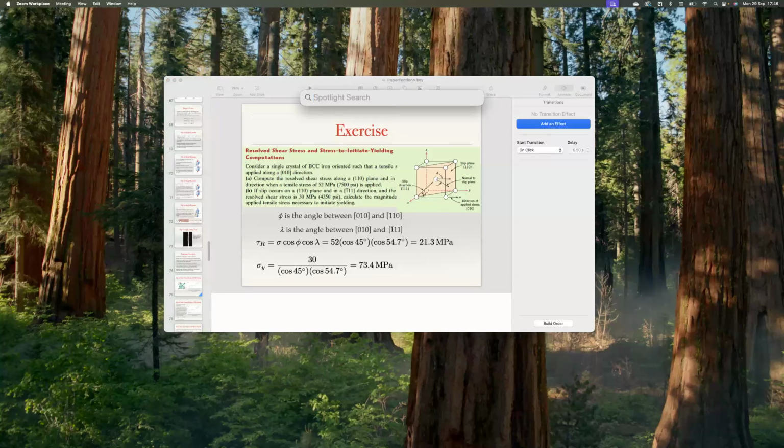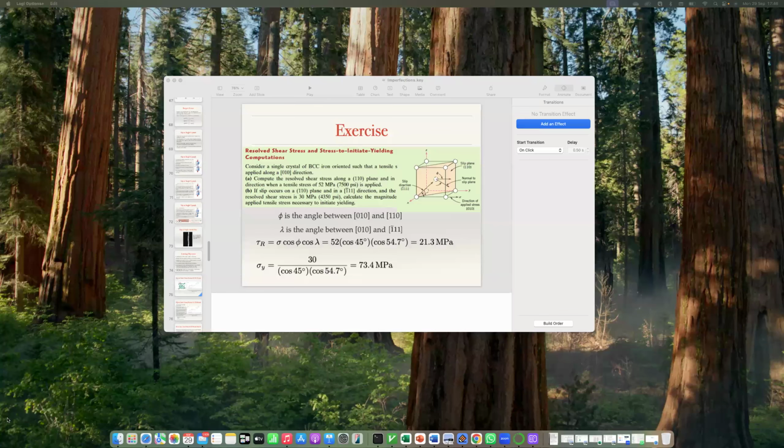Let me redo the problem for the benefit of others who were not able to follow in the last class. So now it is ready.